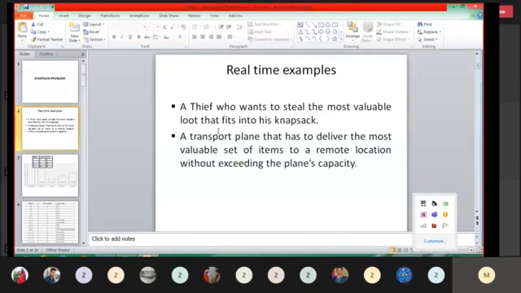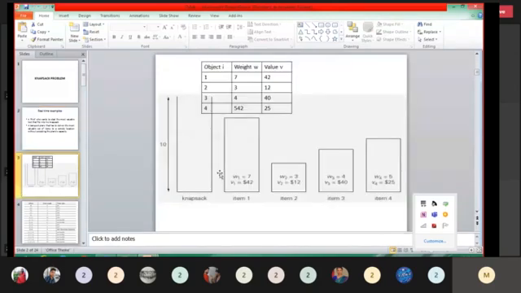Now, the first is the bag, knapsack. So capital K is capacity. Now capital K equivalent to 10. W is weight, V is value.